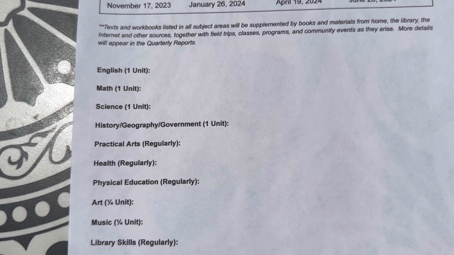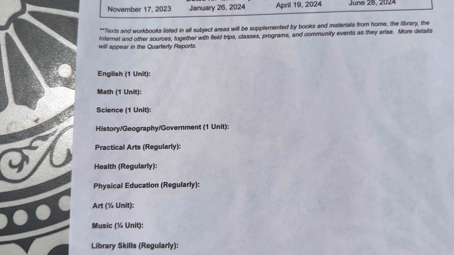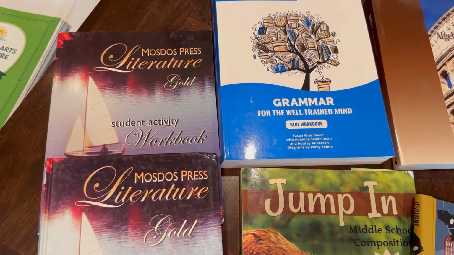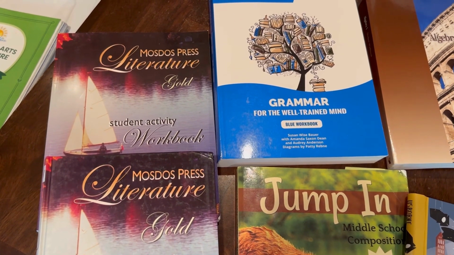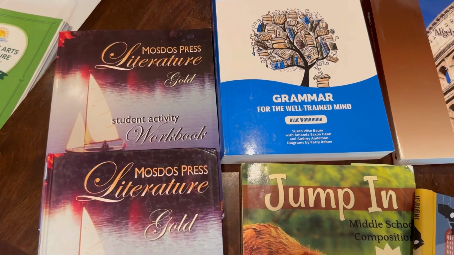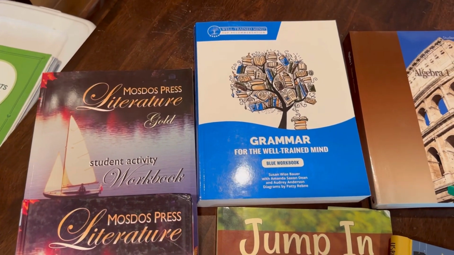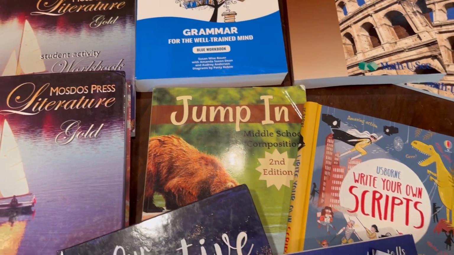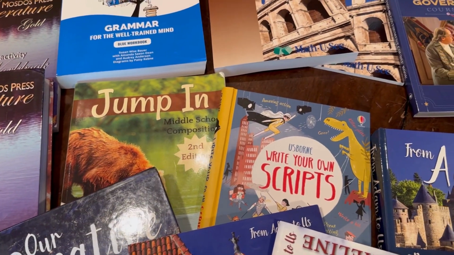So for 8th grade, he needs 1 unit of English, and then so on and so forth. Here are the textbooks and curriculums that I'm going to be using for Ethan for 8th grade. And again, I'm just going to put the title of everything and the publisher.